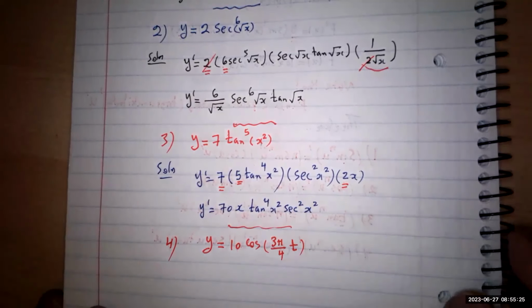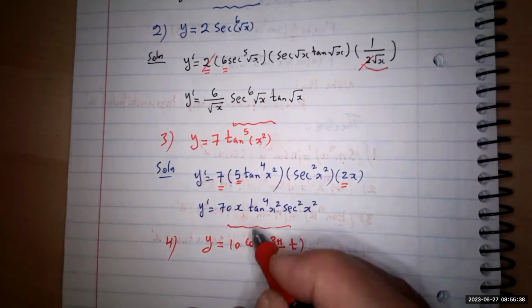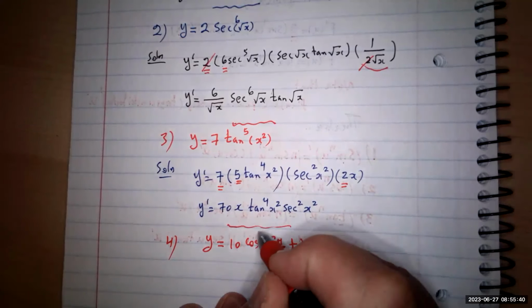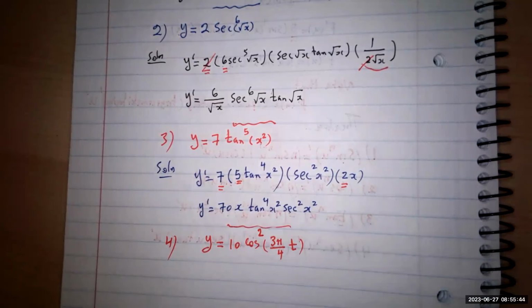It's going to be for time, electricity, wave, etc. So they may use a different variable. This is the variable t that can stand for the time. Let me just put the power here, something like, let's say, a squared. So the 10 cosine square of the 3/4 times t. You want to differentiate respect to the t, it doesn't matter.